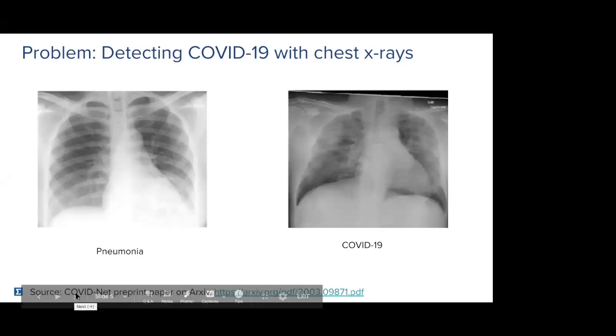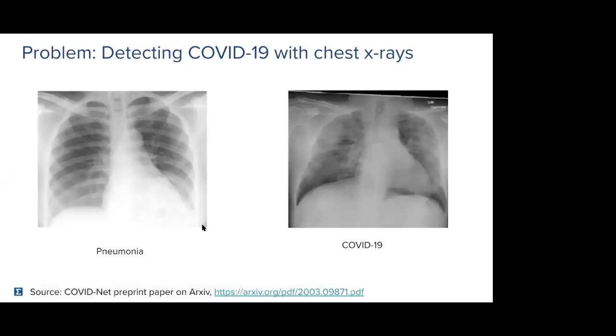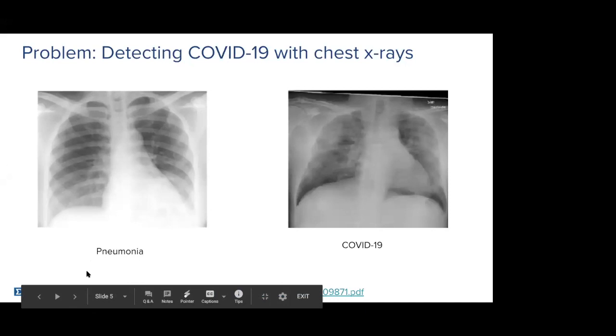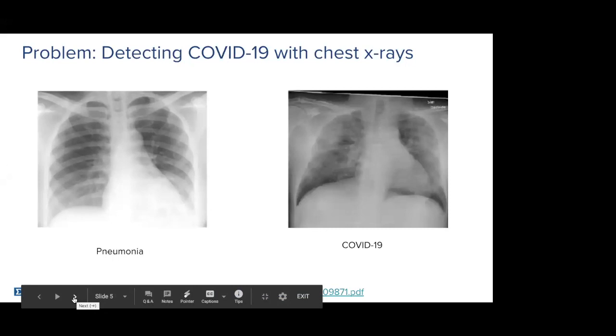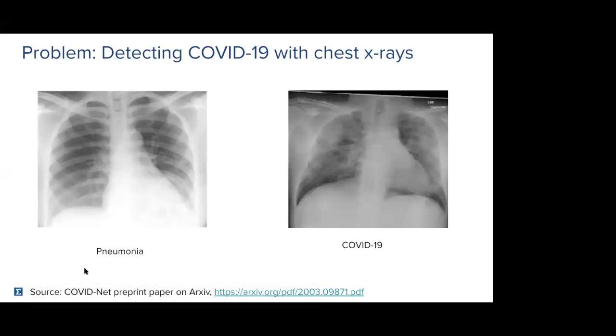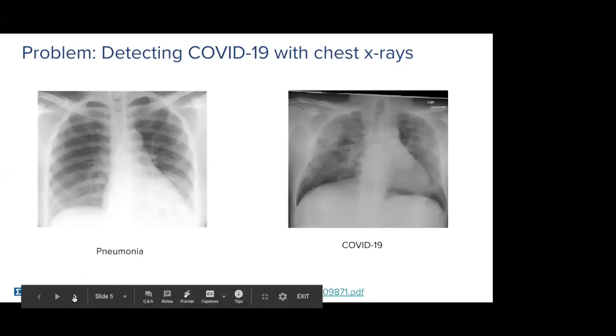So there are certain areas where it doesn't look as clear as you would usually see, and the geographic extent of it, as well as how opaque it becomes, are some of the key indicators that they're looking at. And related to what are some of the signs that the models identify, I'll talk a bit more about that later on during how we actually do our model validation to make sure it's making the right decisions for the right reasons. And you'll see that it's able to identify these similar kinds of features that a radiologist is looking at.